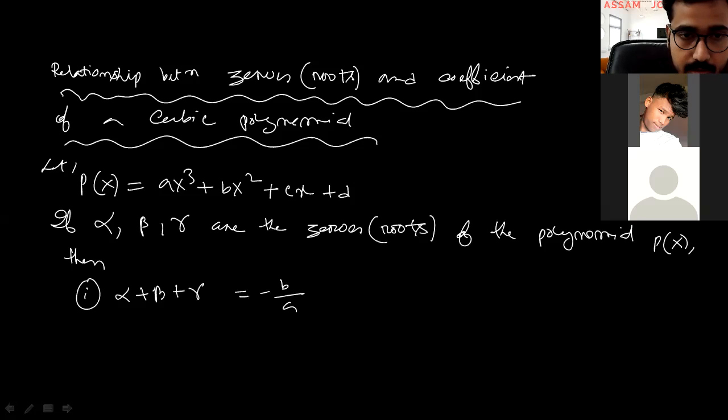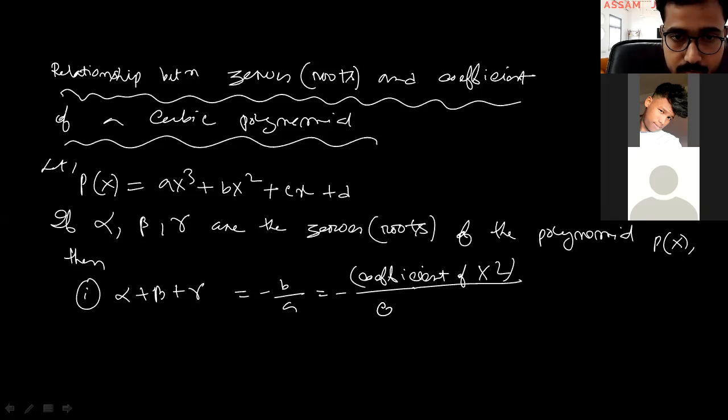Here b is the coefficient of x square, so coefficient of x square by coefficient of x cube.